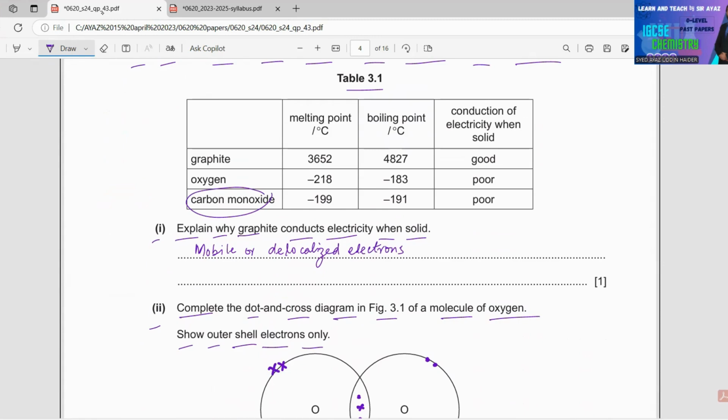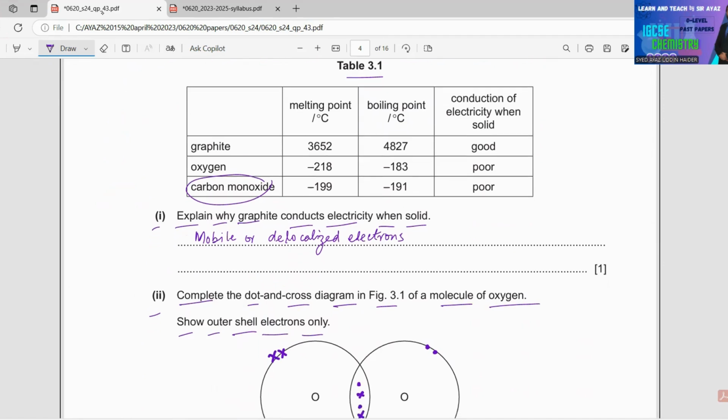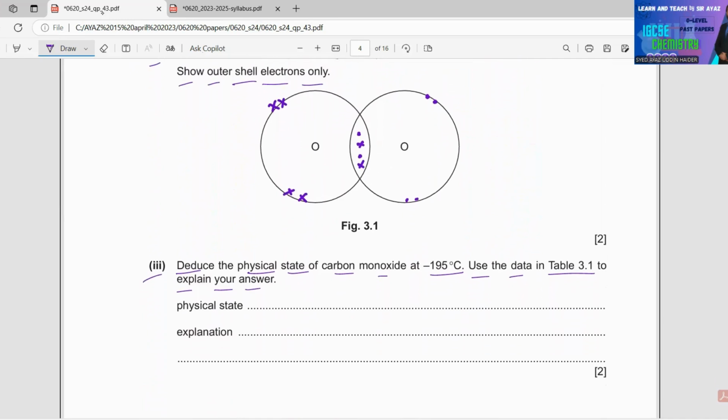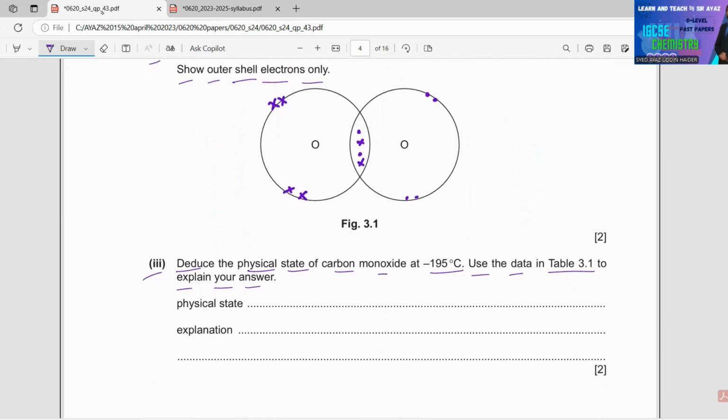You see here, -199 is the melting point, and the boiling point is -191. -191 is definitely higher than this melting point. So -195 is between these two. So the physical state must be liquid.